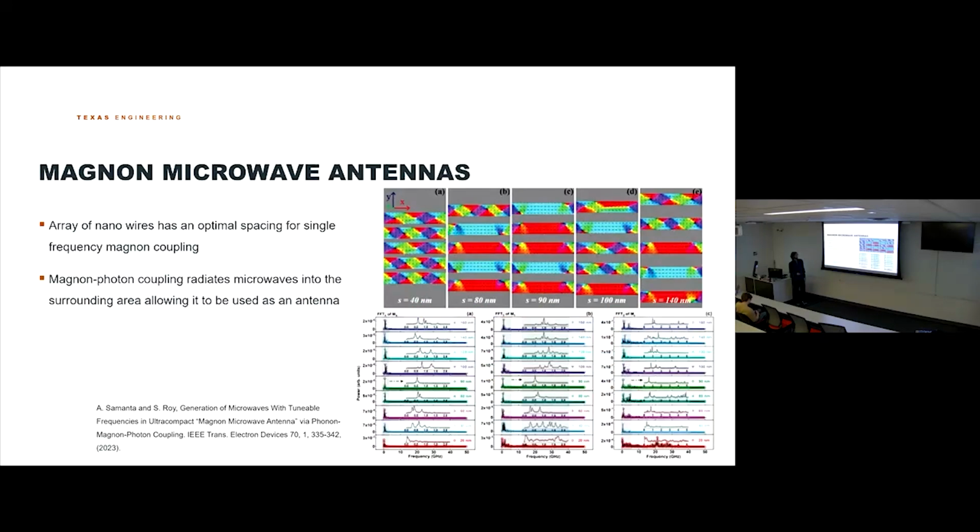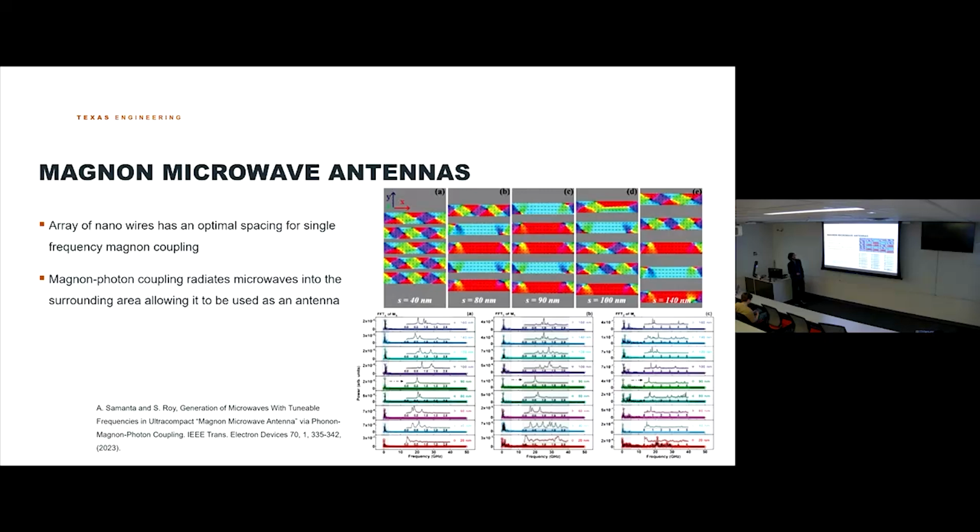So the result of this design was that the spacing between an array of nanowires decides whether or not you can have a high quality single photon emission, which comes from a single magnon mode being excited.